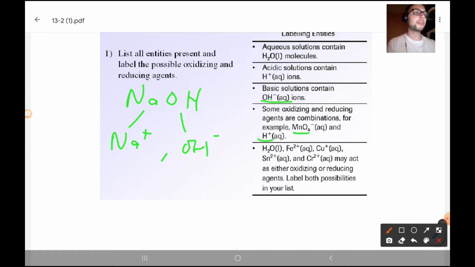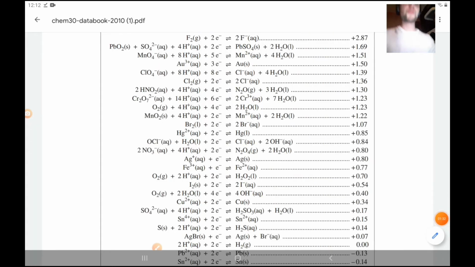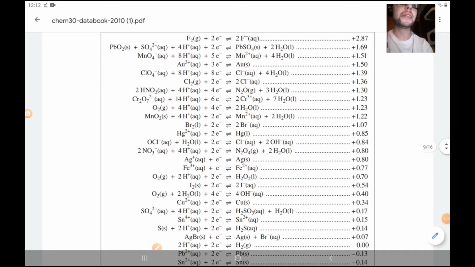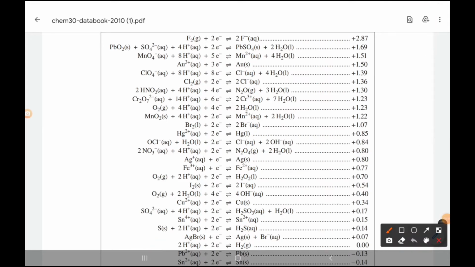So if I look at the MnO4- in the data booklet, it actually requires H+ with it as well. So when we see MnO4-, I'll highlight that one over here, we see that it needs 8H+ as well.